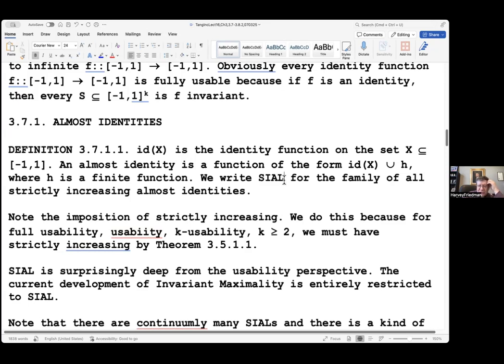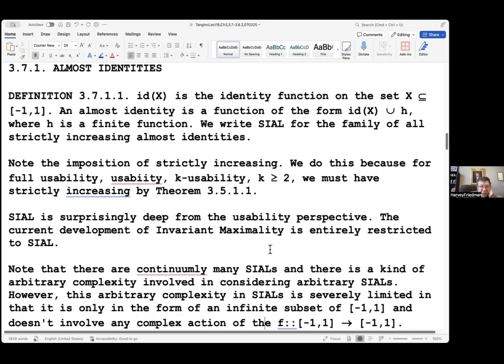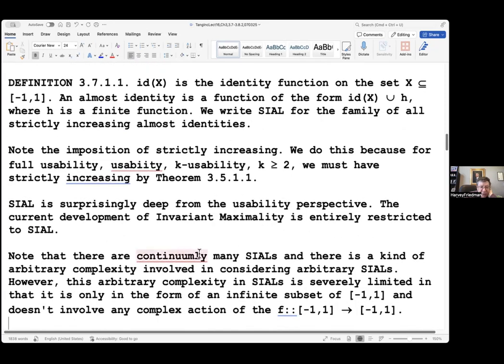So the AL stands for almost. Strictly increasing is required. Psi L is surprisingly deep from the usability perspective. The current development of invariant maximality is entirely restricted to psi L.